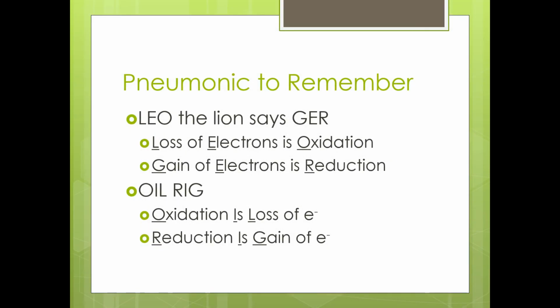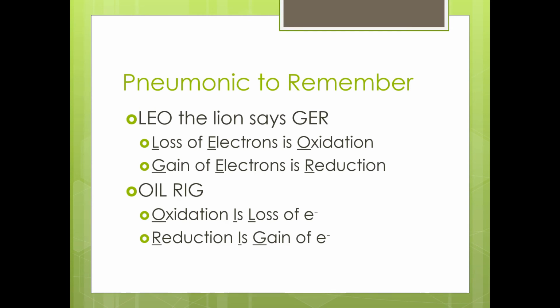All right, now here's a mnemonic to help you remember each of the reactions that we just talked about. The first one's my favorite. Leo the Lion says Ger, and that stands for the following. Leo stands for loss of electrons is oxidation, and Ger stands for gain of electrons is reduction. And the other one, given to me by my chemistry teacher, is OIL RIG.